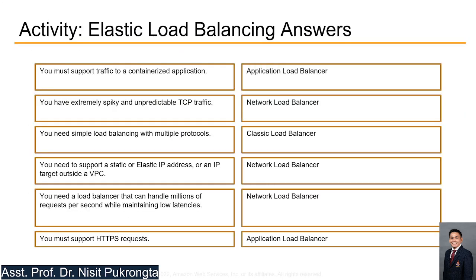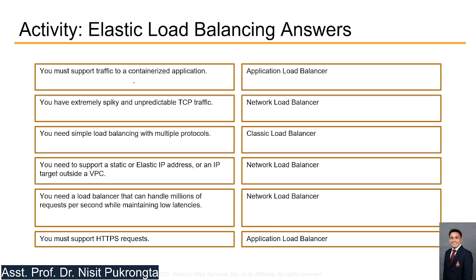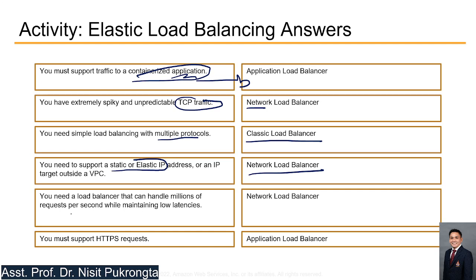Okay, some activity for the load balancer. If you have a question where you must support traffic to a containerized application, you can use the application load balancer. If you have extreme spikes and spiky TCP traffic, that means network load balancer, right? If you need a simple load balancer with multiple protocols, you can use the classic load balancer. If you need support for a static or elastic IP, or you talk about the network layer, you can use the network load balancer. If you need a load balancer that can handle millions of requests per second while maintaining low latency, you can use the network load balancer. If you must support HTTPS requests, you can use the application load balancer.